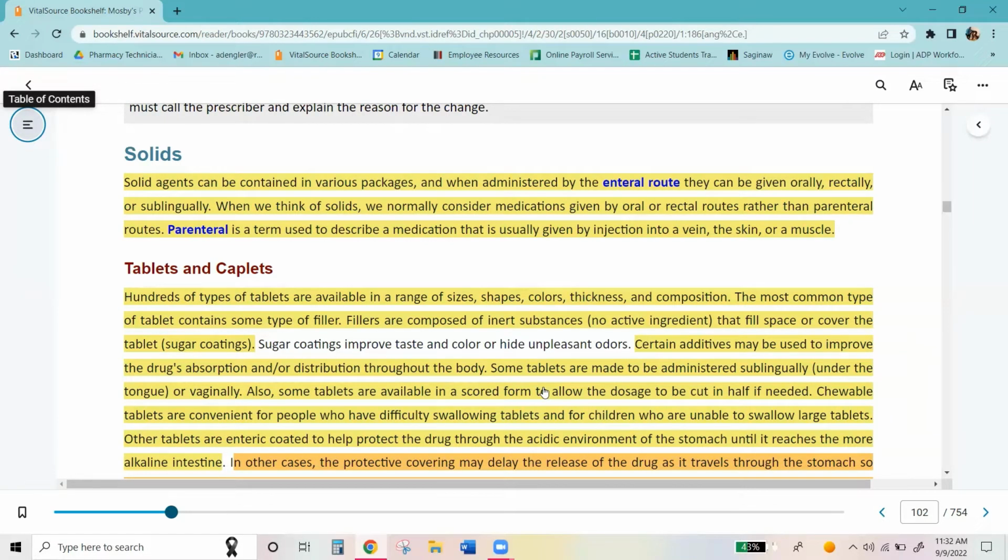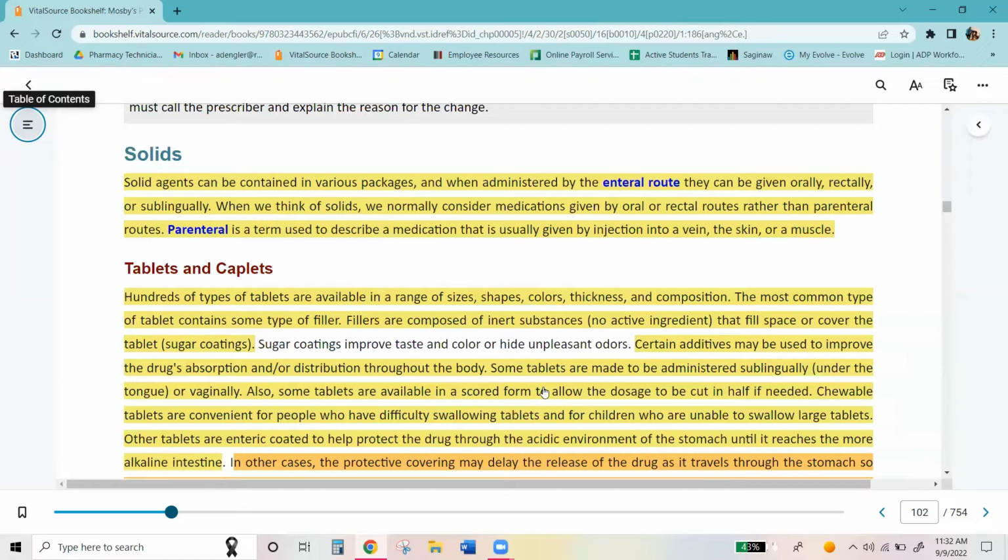Those can help improve taste and color or hide unpleasant odors. Certain additives may be used to improve the drug's absorption and or distribution throughout the body. Some tablets are made to be administered sublingually, under the tongue, or even vaginally. Also, some tablets are available in a scored form to allow the dosage to be cut in half if needed.